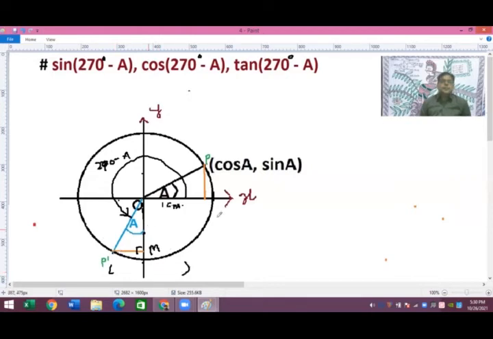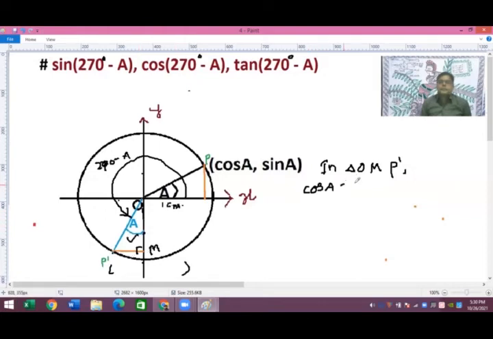So first of all, in this triangle OMP dash, or you can name anything for the foot of the perpendicular or for the other vertices, let's start from cos or sine, whatever you like. So cos A means we are talking of this angle A in this triangle.